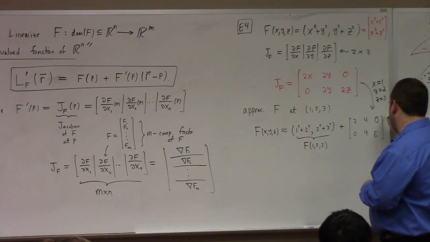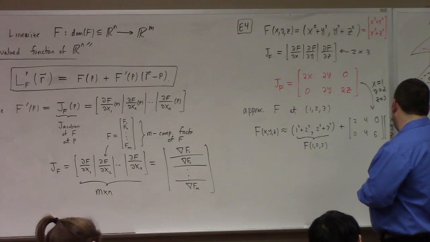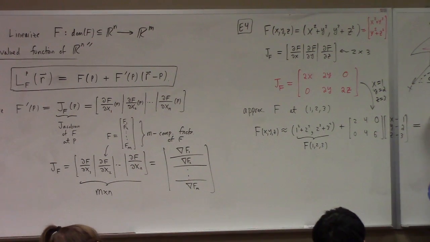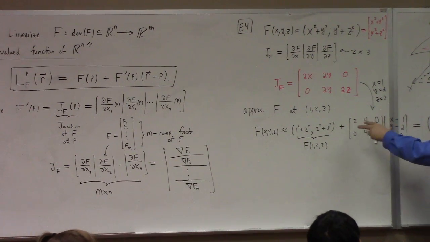And let's see here, then times my x minus 1, y minus 2, z minus 3 vector. Change vector, really, right? And so just to complete the story here, this would be equal to, what would it be? Multiply this out, right?